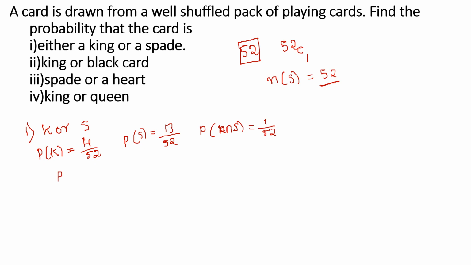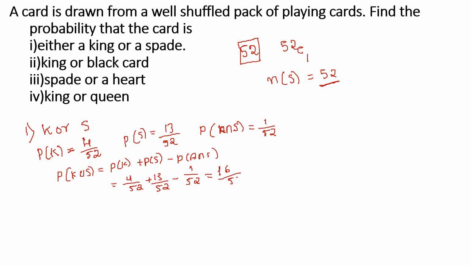So the probability that it is either king or spade, K union S, will be probability of K plus probability of S minus probability of K intersection S. That is 4 by 52 plus 13 by 52 minus 1 by 52, which is 4 plus 13, 17 minus 1, so 16 divided by 52, which is equal to 0.307.